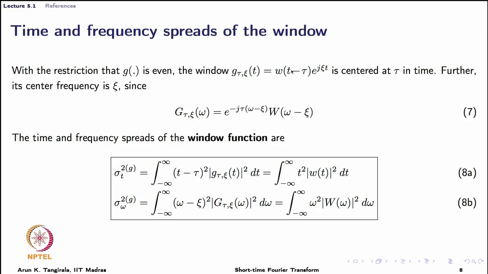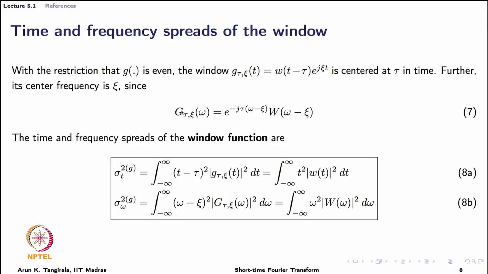This is the atom that I have, the time frequency atom, and its Fourier transform is given by this. It is e to the minus j tau times omega minus z, times the Fourier transform of the window shifted by z. So, this big W is nothing but the Fourier transform of the window function, and big G is the Fourier transform of the atom itself.